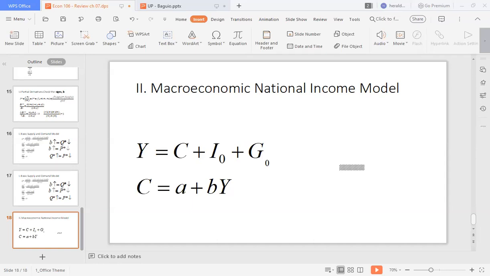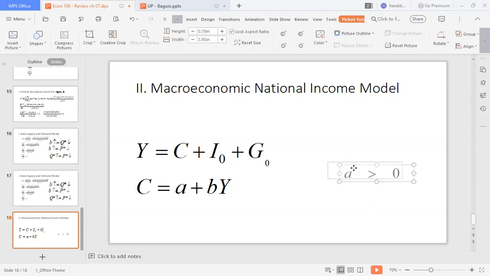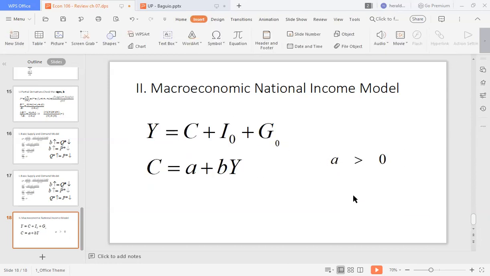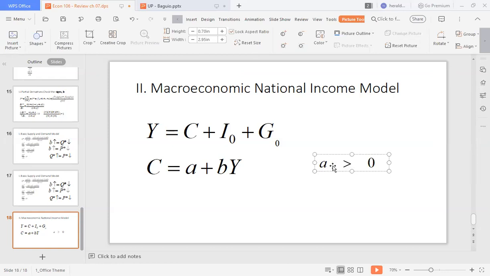A here would be greater than 0. Again, I think you already know that a and b are related to our marginal propensity to consume. So our restriction would be that a is positive, greater than 0.